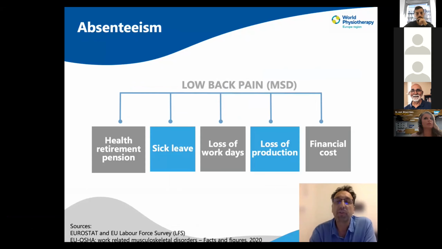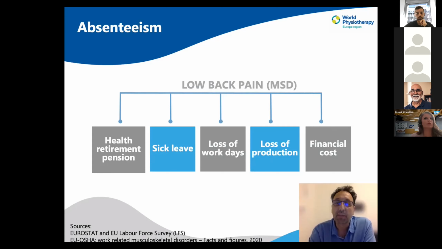It is difficult to present a full and complete analysis of the European data due to the vast differences of structures of the labor markets and the social security interventions. What we know from studies is that the financial impact of absenteeism due to musculoskeletal diseases and more specifically low back pain is high.